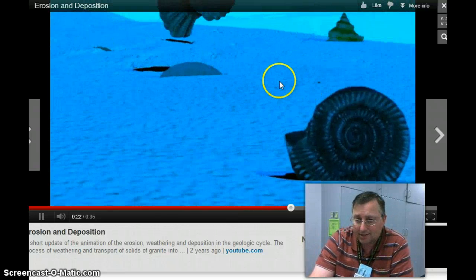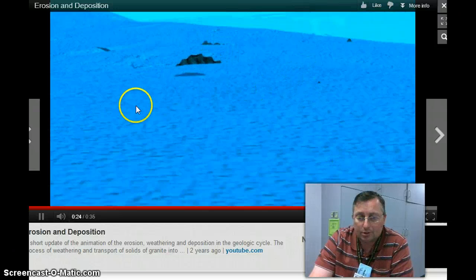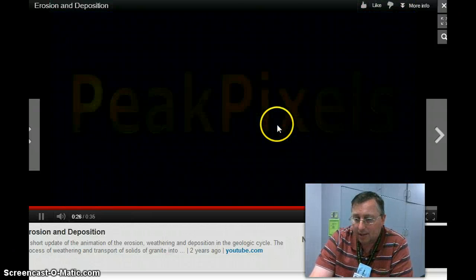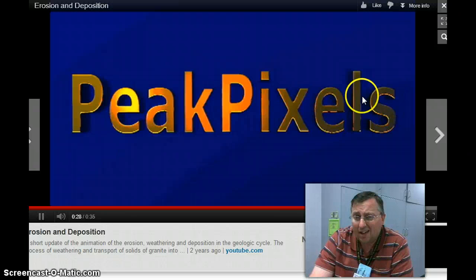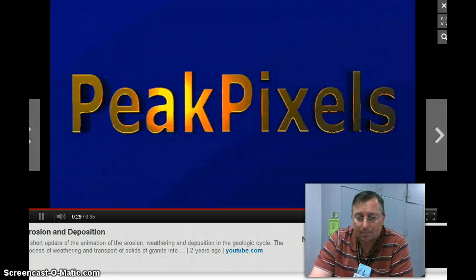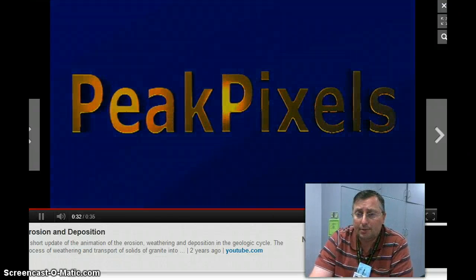Seashells being deposited, animal bones being deposited at the bottom. So that one right there, just an example of what deposition is.